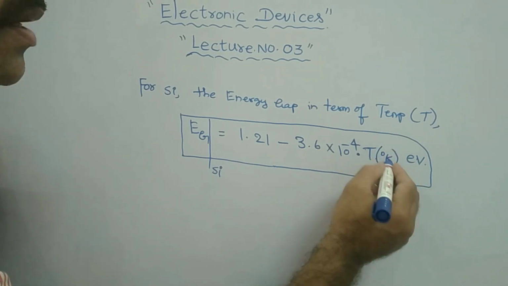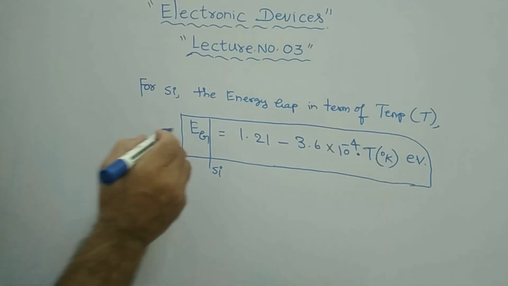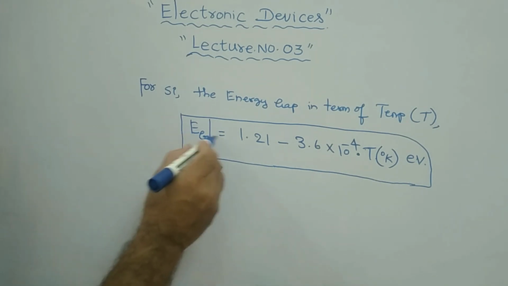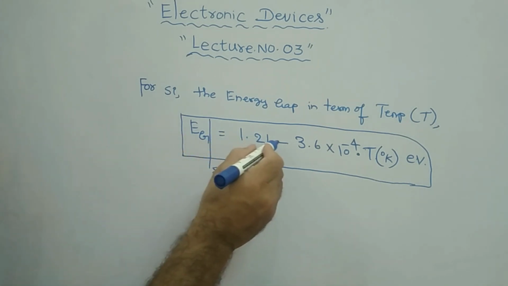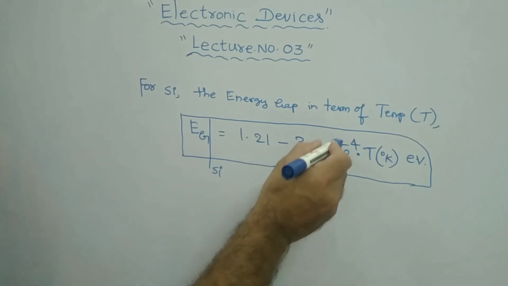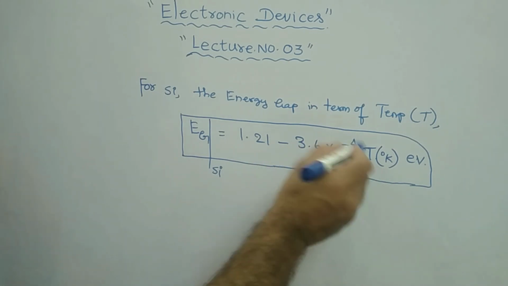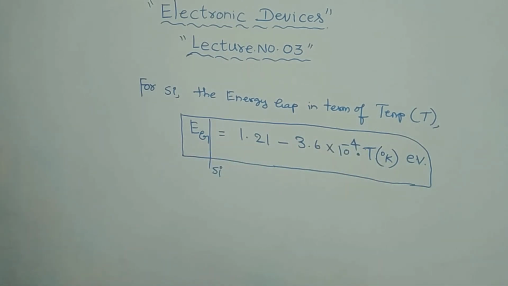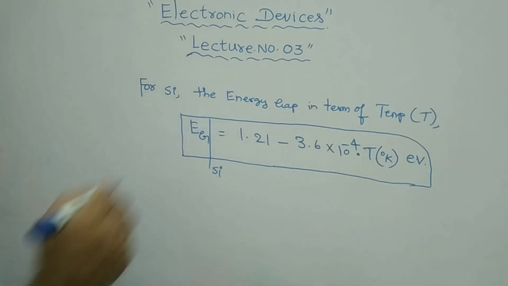Therefore Eg, the energy gap, is equal to 1.21 minus 3.6 into 10 power minus 4 into T, where T is the temperature in degree Kelvin. So this is for silicon.